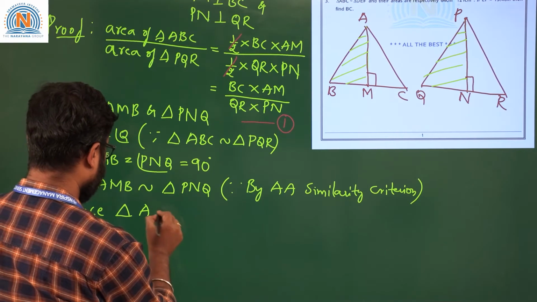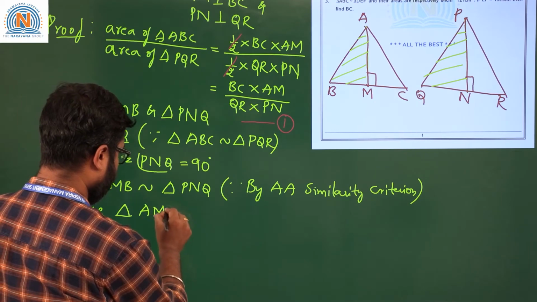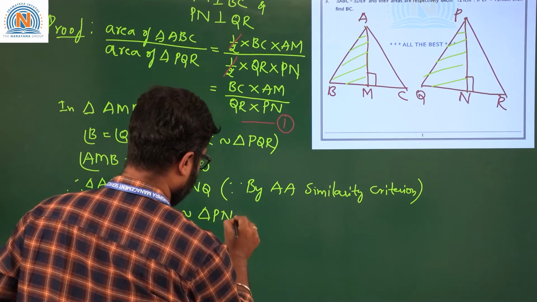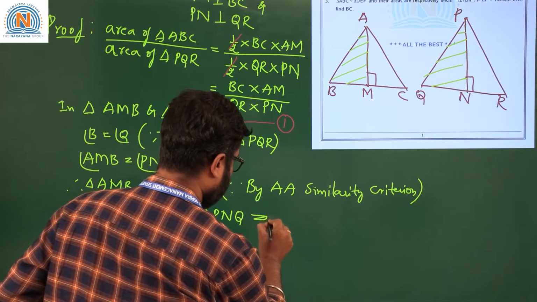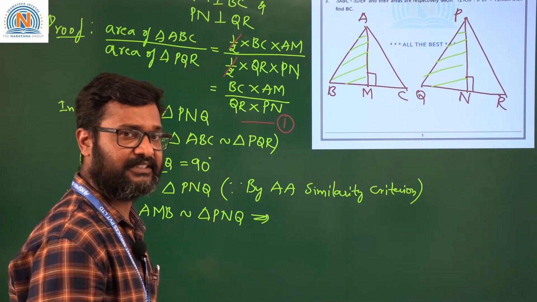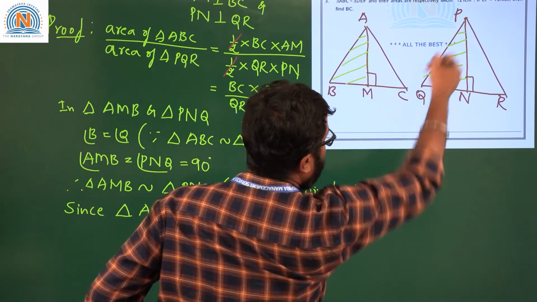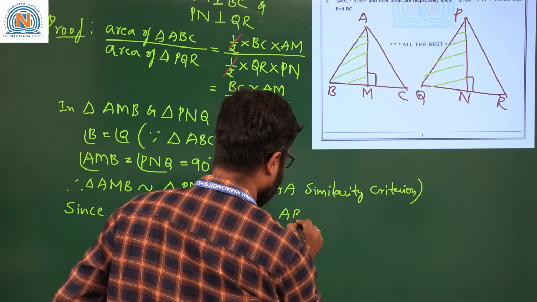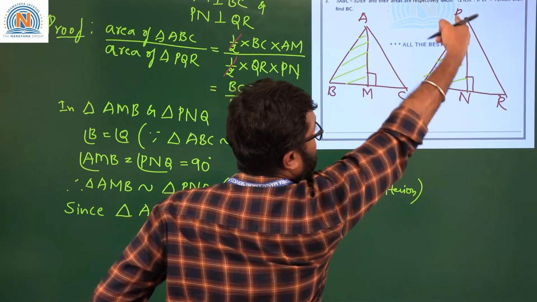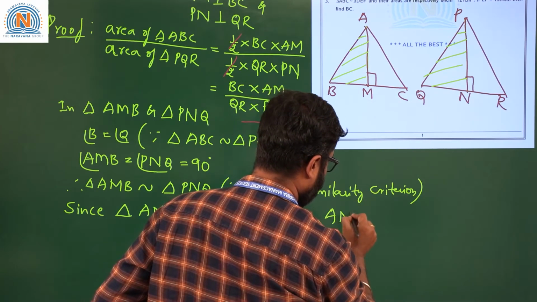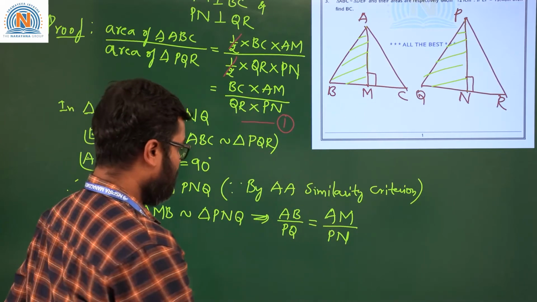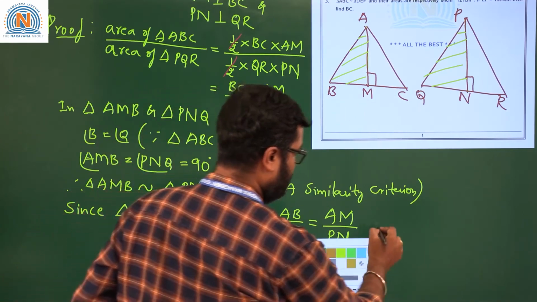So since triangle AMB is similar to triangle PNQ, what we can take, children? The ratio of their corresponding sides are equal, isn't it? So now AB by PQ is equal to AM by PN, isn't it children? So let's take this as a second relation.